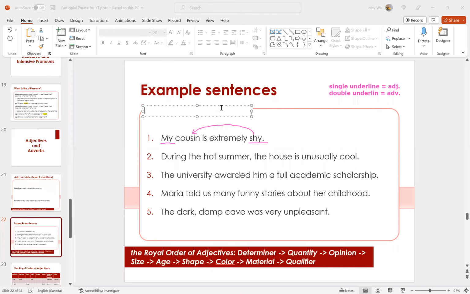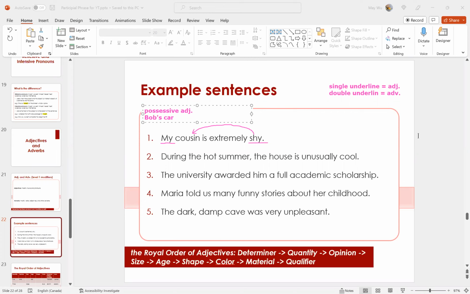It is what we call possessive adjectives. Possessive adjectives modify the noun because they tell us who the noun belongs to. So my, your, his, her, its, or even words like apostrophe s, like Bob's car, right?